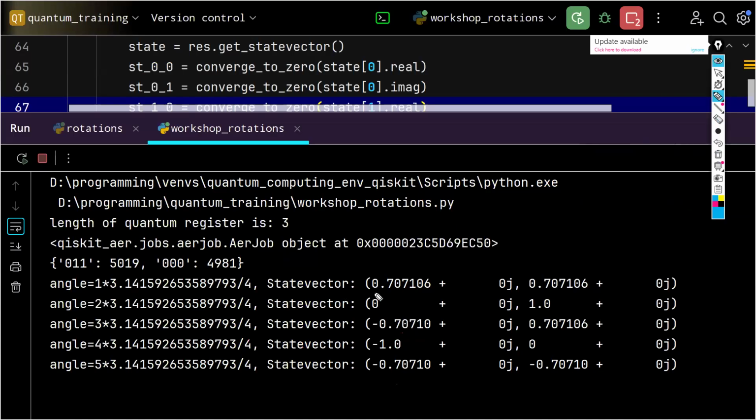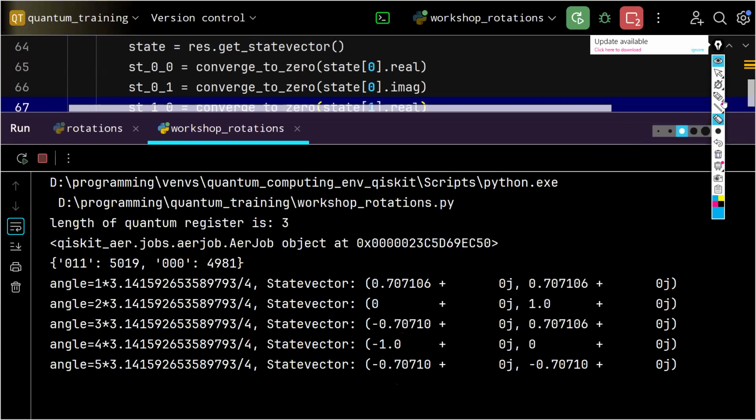And what I have in my state vector is this. After 1 rotation, my state vector is 1 over square root of 2, 1 over square root of 2. In a row representation, this would be this.